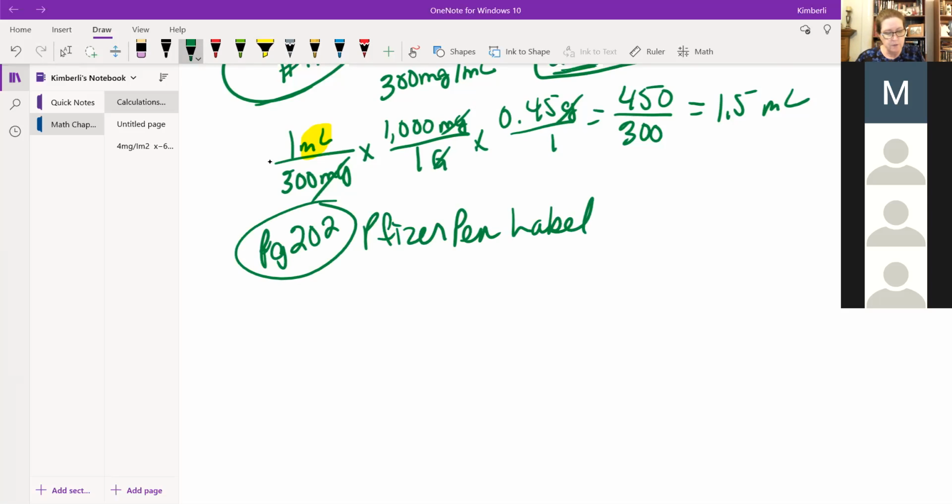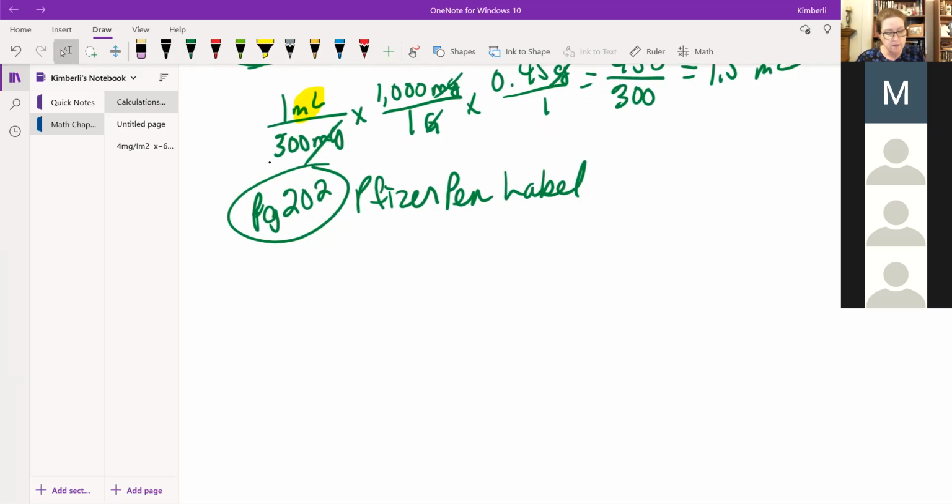Sterile solution may be kept in the refrigerator for 1 week without significant loss of potency. And then it says the milliliters of diluent added, and what the concentration is in units per milliliter.